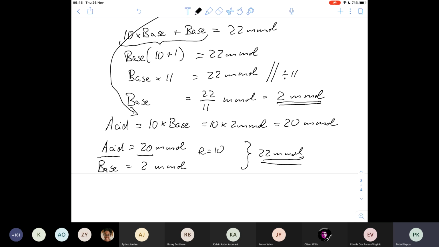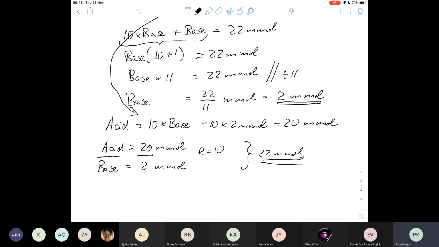This is a very, very common question in any kind of assessment and exam, because it's really easy and simple. You follow a procedure.